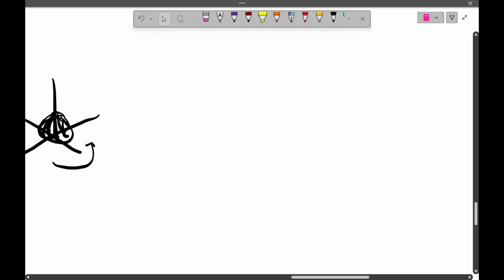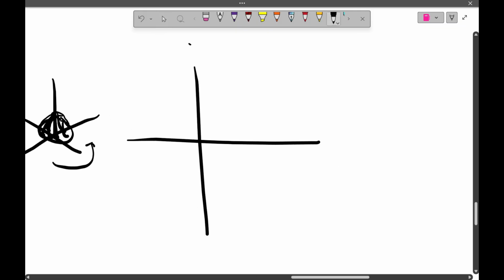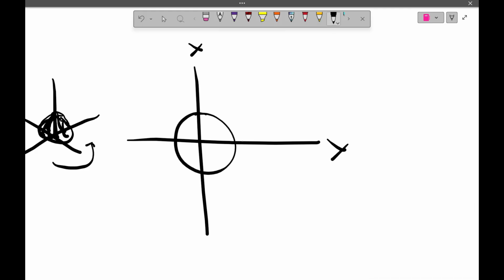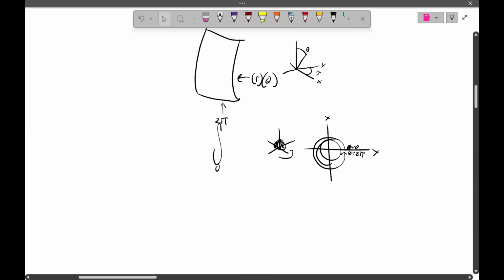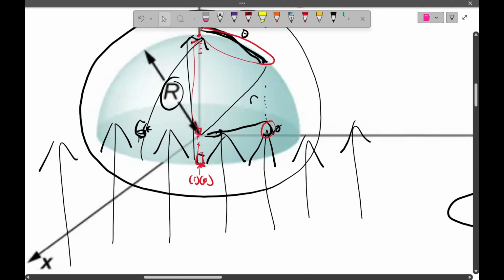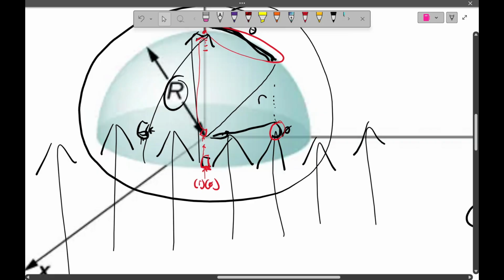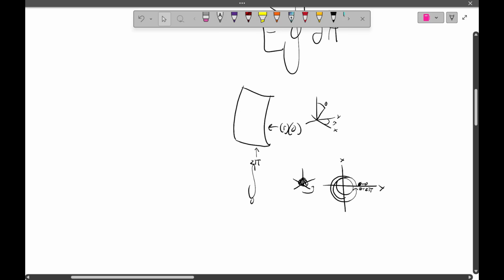Let's look at that hemisphere top down on the x, y plane for a second. You just have a circle. So if you have a shape that is rotated fully around like this, then you're going from phi equals 0 to phi equals 2 pi. Same thing. You're getting all of this. So when you're thinking of taking a surface integral here, you want to revolve it fully around the z-axis. So that's the first part of your integral.